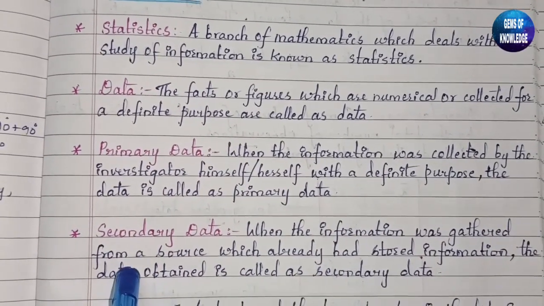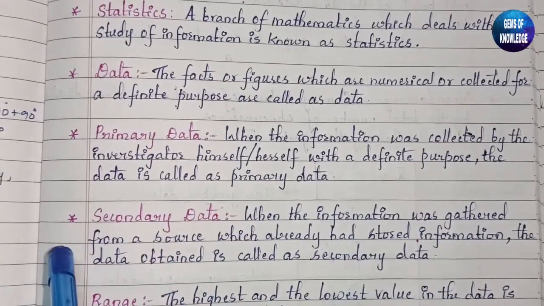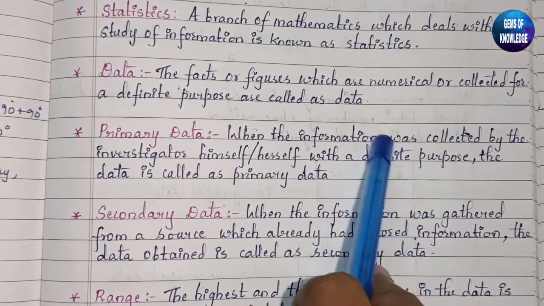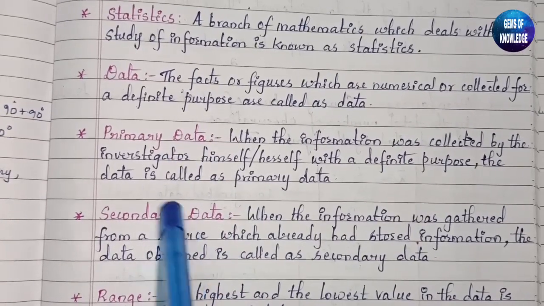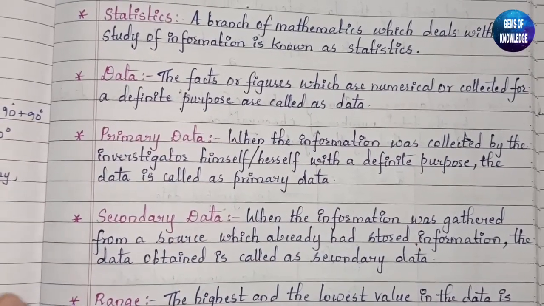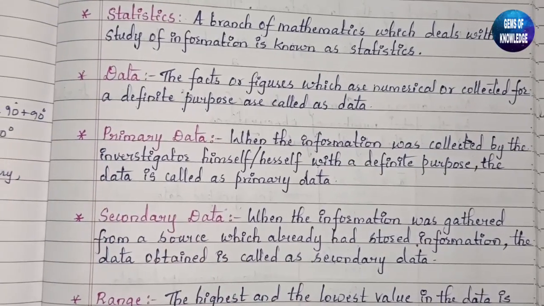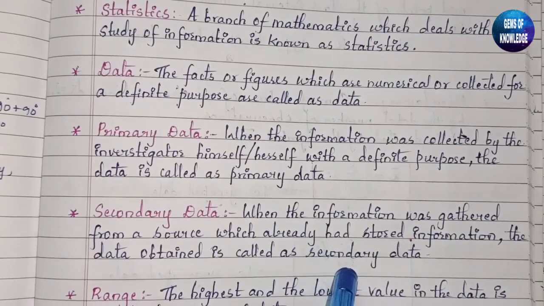Then we'll come to secondary data. This is when the information is gathered from a source which already had stored information. Now if I tell you to collect the information of the electricity bill, or any bill of your house, from 10 years ago, will you remember those 10-year-old bills?